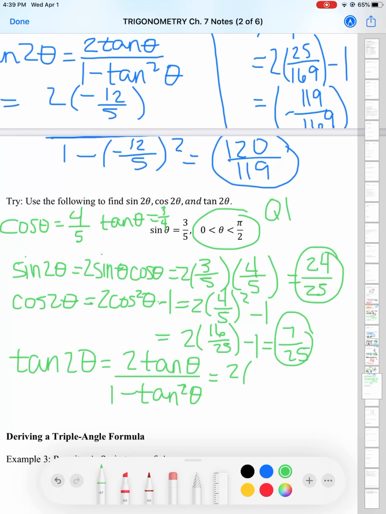So 2 times 3/4 over 1 minus 3/4 squared. Simplified, that would be 3/2 over 7/16. And you would get 24 over 7. So there you go.